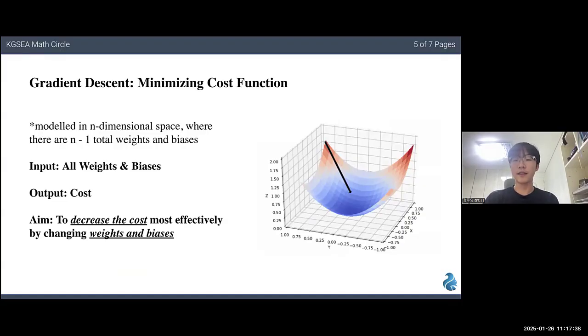Considering the values of x and y to be weights, we can say that the most efficient way to reduce the cost, our z-axis, is to decrease x by about 0.5 and increase y by a value of about 0.75. This is how the machine learns. It takes feedback from the cost function to correct its weights and biases for more accurate outputs.